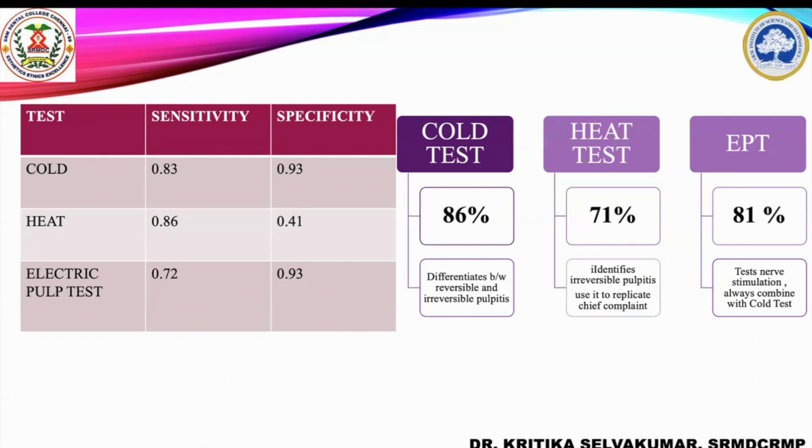Next is the EPT, that is the electric pulp test, which has a sensitivity of 0.72 and specificity of 0.93 and an accuracy of 81%, where it stimulates the neural fibers, and it needs to always be combined with the cold test in order to get accurate results. And the last is the heat test, which has a sensitivity of 0.86 and specificity of 0.41, and it has an accuracy of 71%, and it can only identify whether it is a case of irreversible pulpitis.